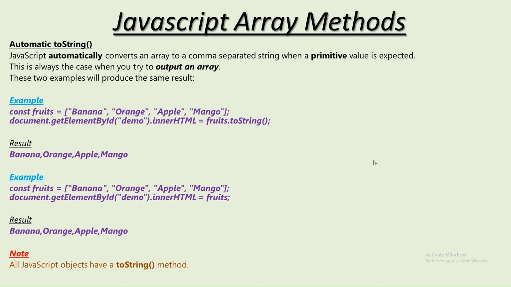The next one has the same elements, and here we are using it without the toString. The result is also the same. Note that all JavaScript objects have a toString method. So by default it uses toString, and if you provide toString explicitly, that's better.